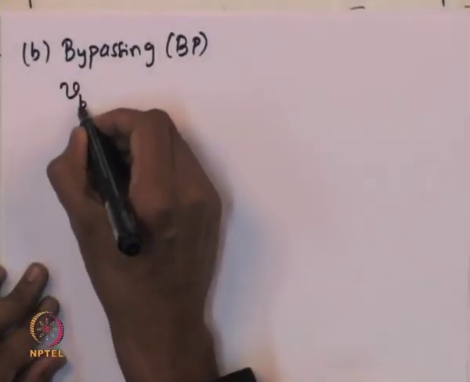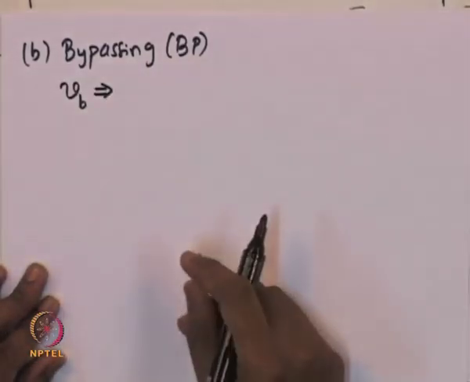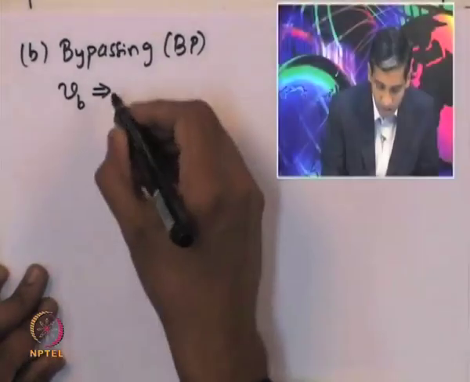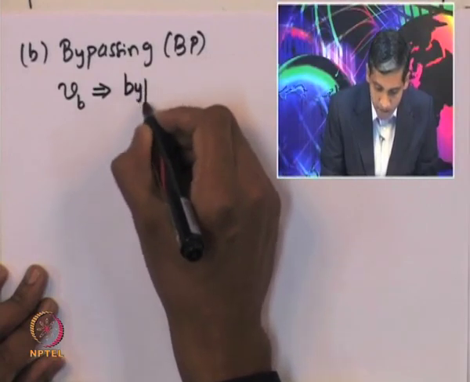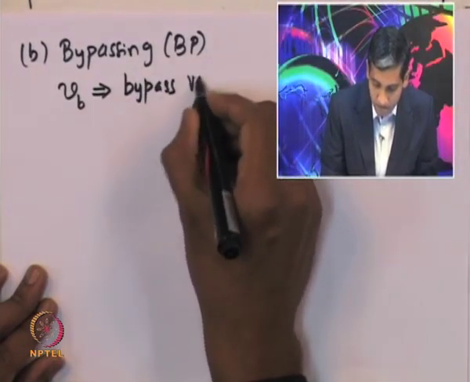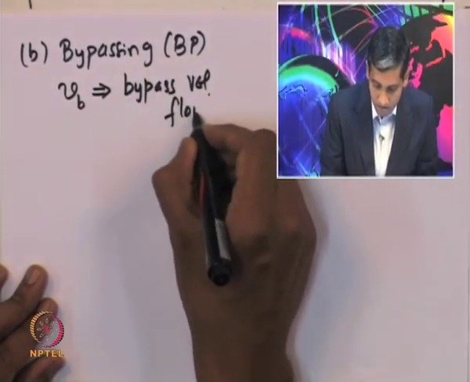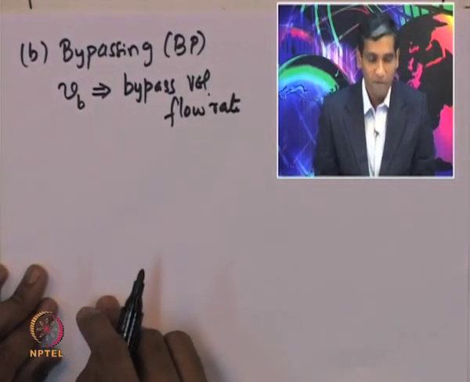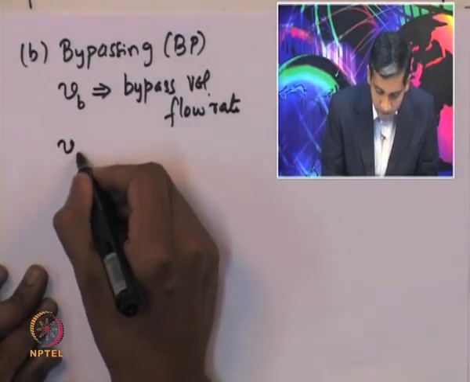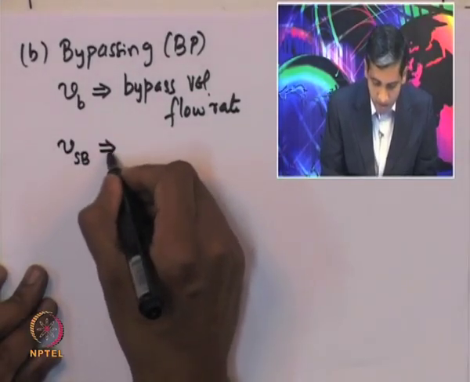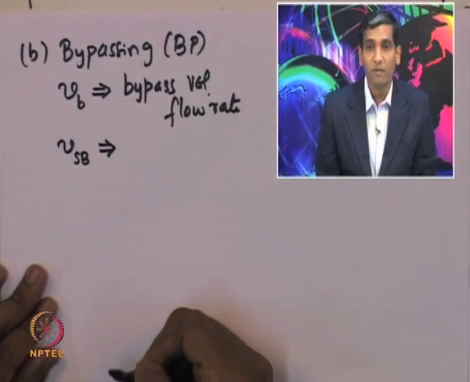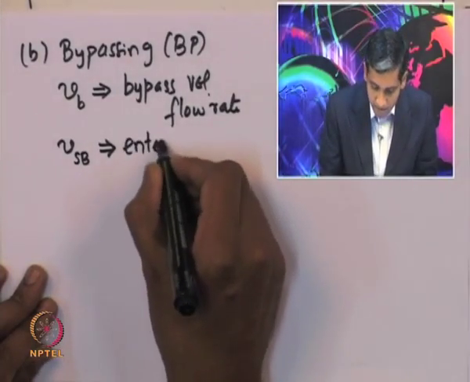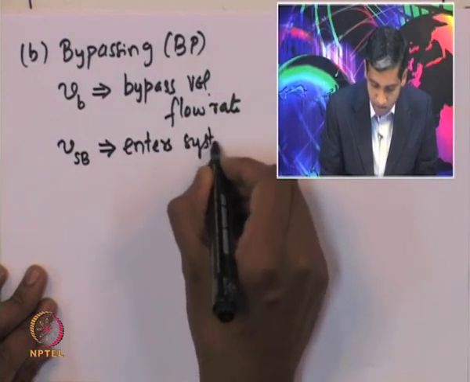If VB is the volumetric flow rate of the fluid which is bypassing the reactor, that is the bypass volumetric flow rate, and let us assume that VSB is the volumetric flow rate which is going through the system volume, that enters the system volume.